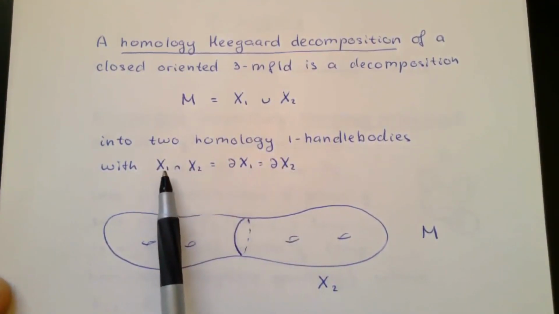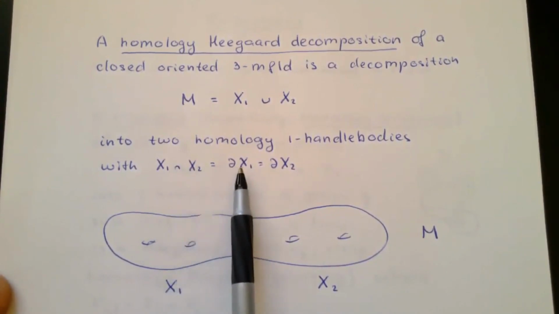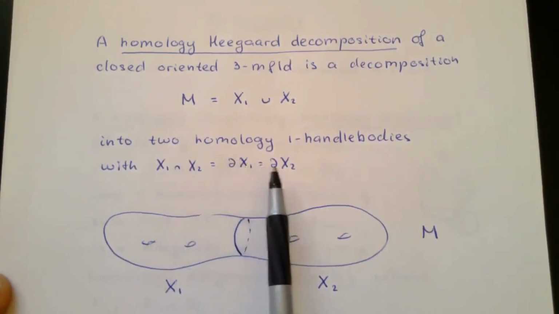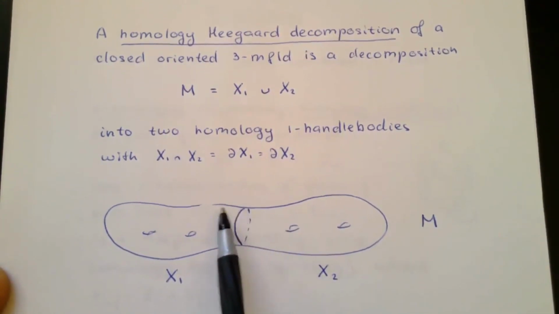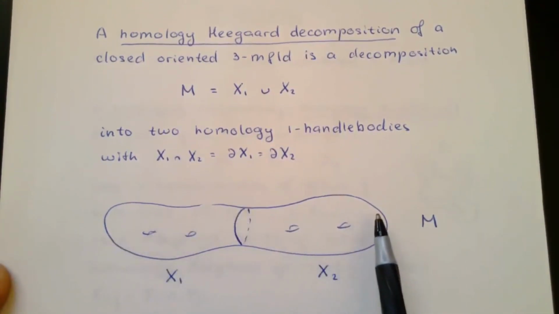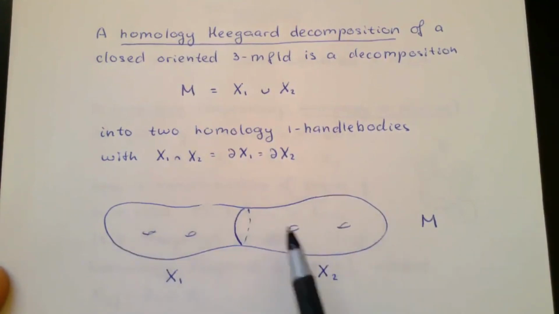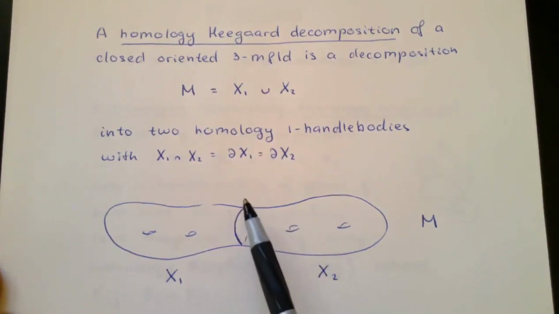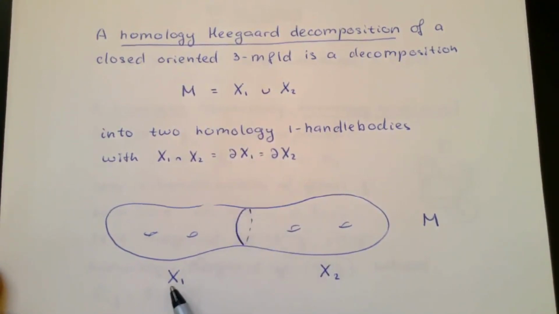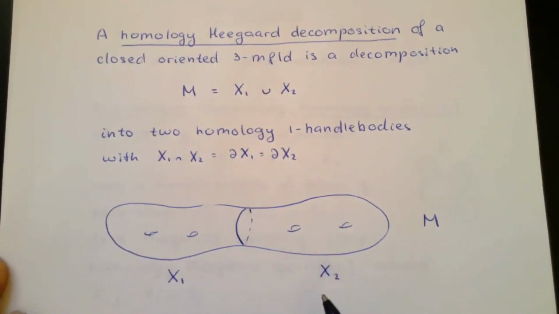So the intersection of X1 and X2 is the same as the boundary of X1, and it is the same as the boundary of X2. Here's a sketch of such a decomposition. So we have a manifold M, and we decompose the manifold M into two parts, X1 and X2. X1 and X2 are compact manifolds with boundary which is the same. So the boundary of X1 is the same as the boundary of X2.